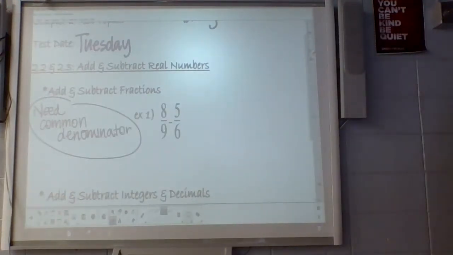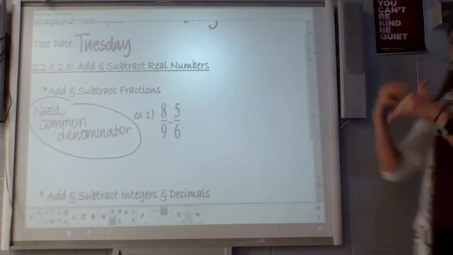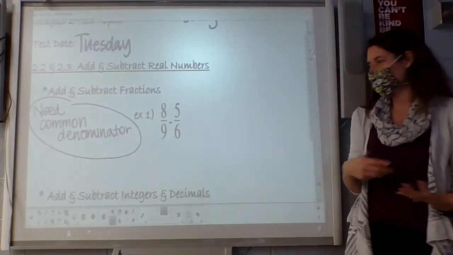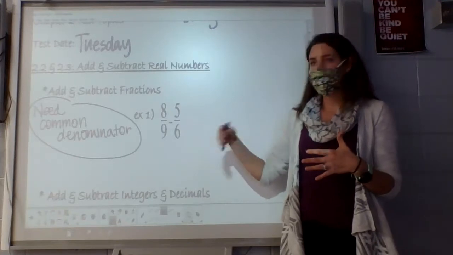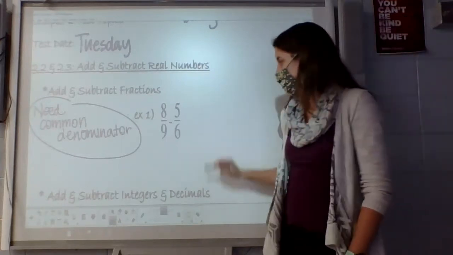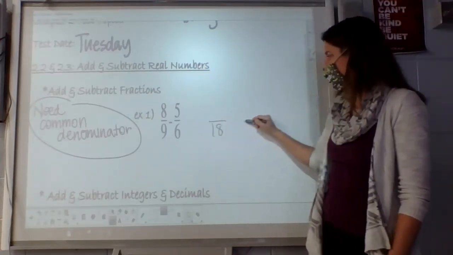I think I heard it: 18. So it's the number they want to become. 6 can't become 9 other than using a decimal, but 9 times 2 is 18, and I know that 6 can also become 18. So they're both going to be 18.